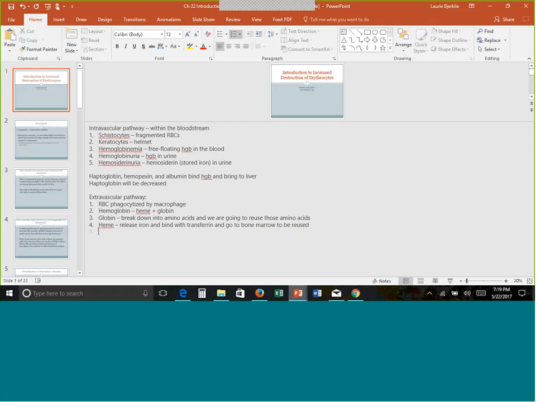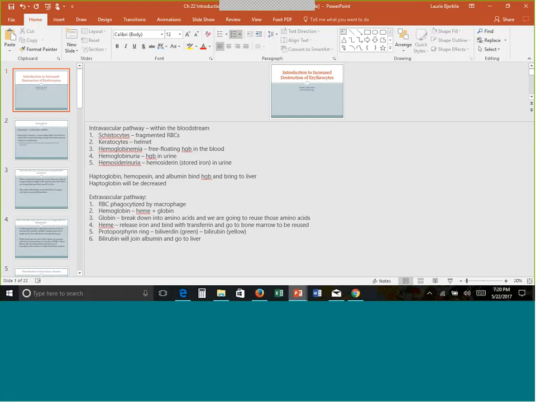And then finally, we have that protoporphyrin ring left of the heme. So that protoporphyrin ring will reduce down to biliverdin, which again is a green substance. That will change into bilirubin, which is a yellow substance. If this is not happening in the liver, that bilirubin will join with albumin and go to the liver.